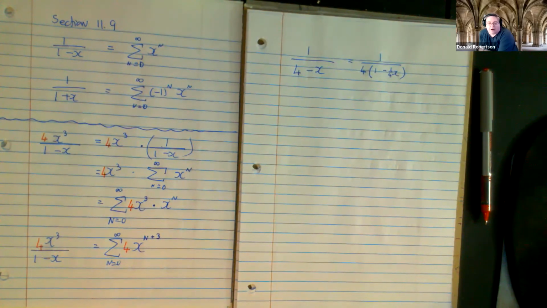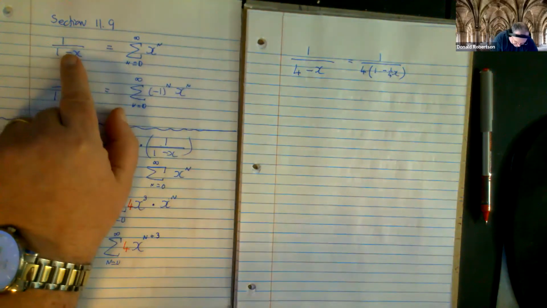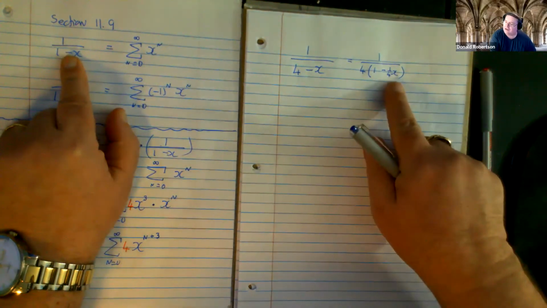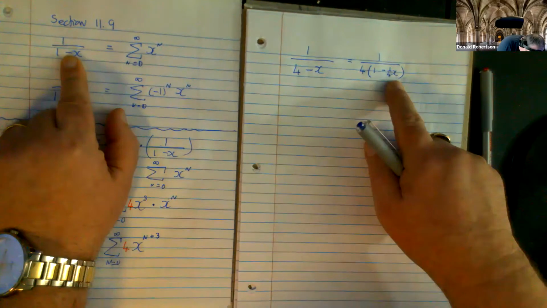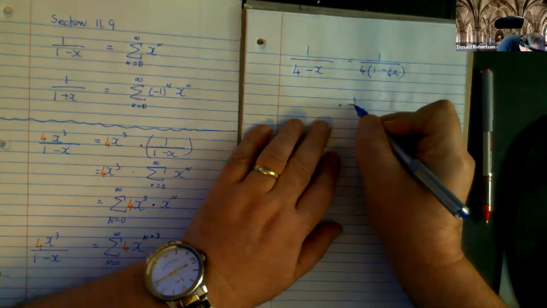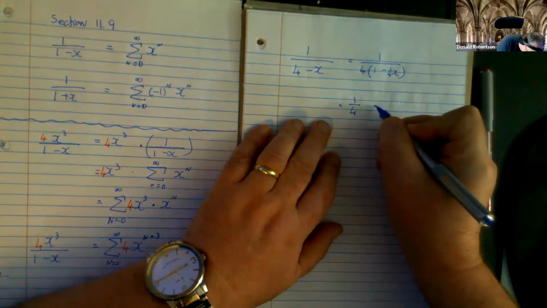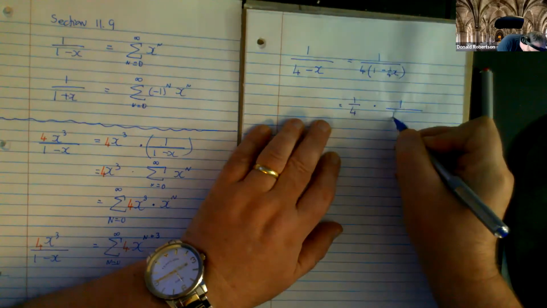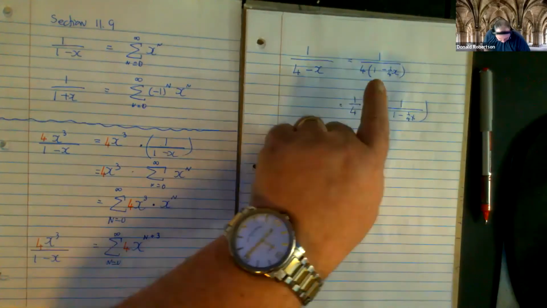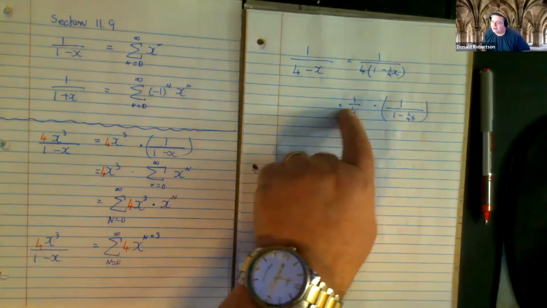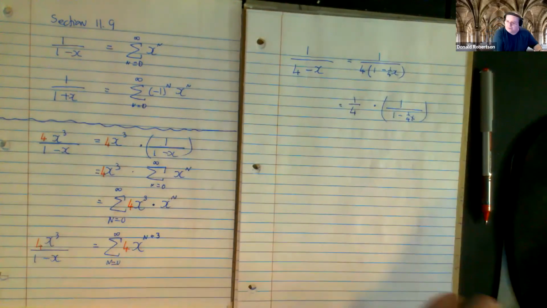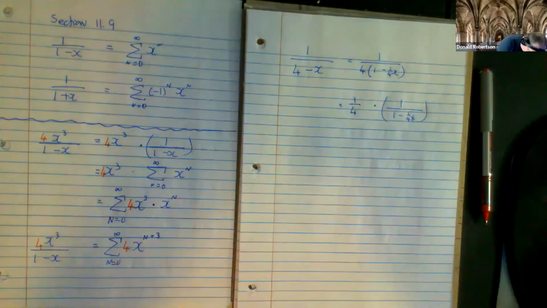Right, so we are ready to rock and roll here, because can't we now use this, but with a quarter x? So this is going to be, and you don't need this line, I'm just doing this for overemphasis. Can't you think of this as a quarter times that, just emphasizing the 4, moving it out of the way so it doesn't get in the way of things?